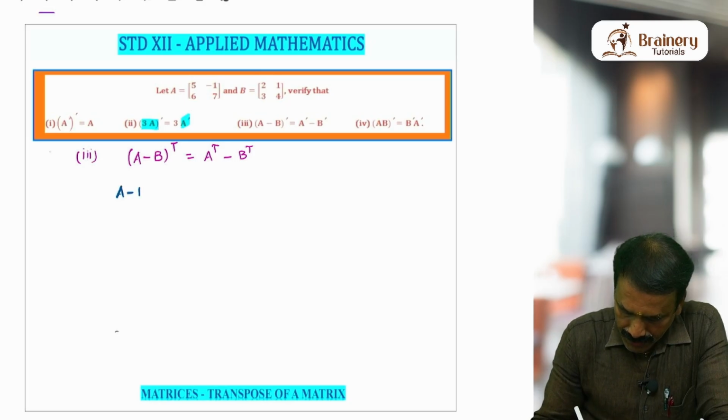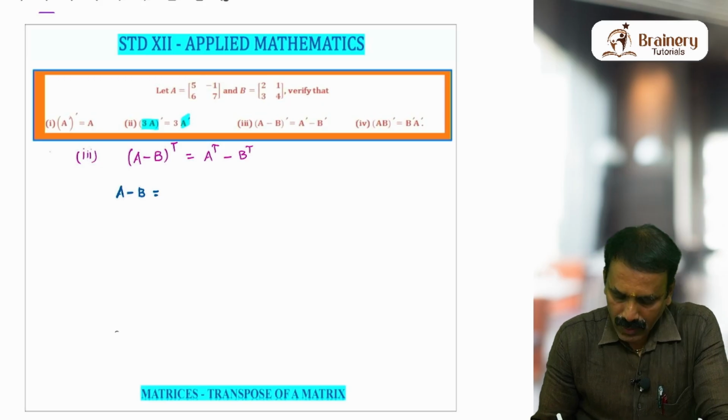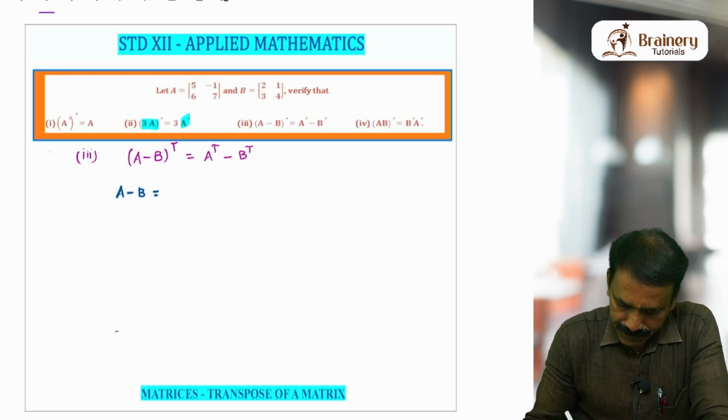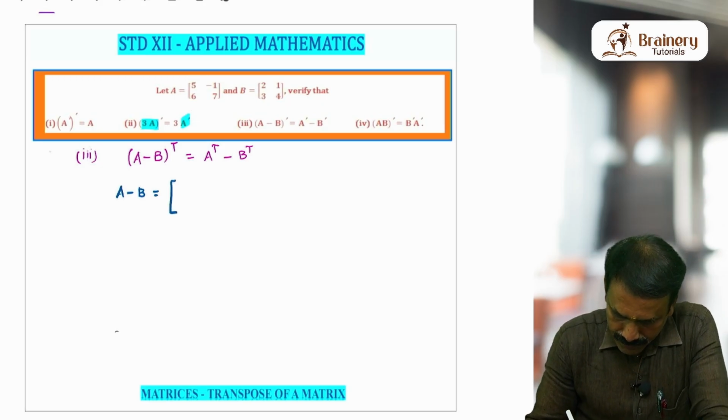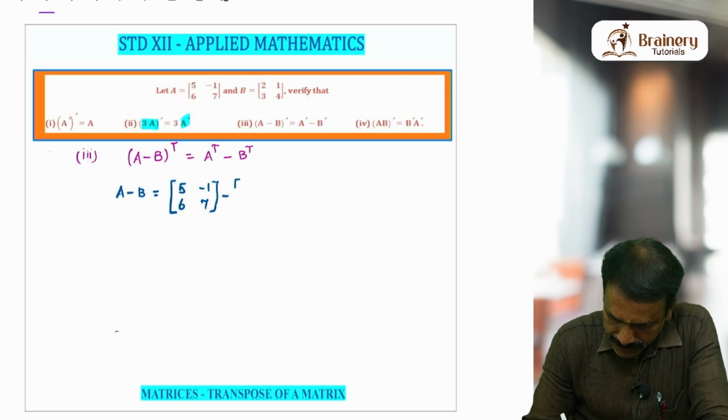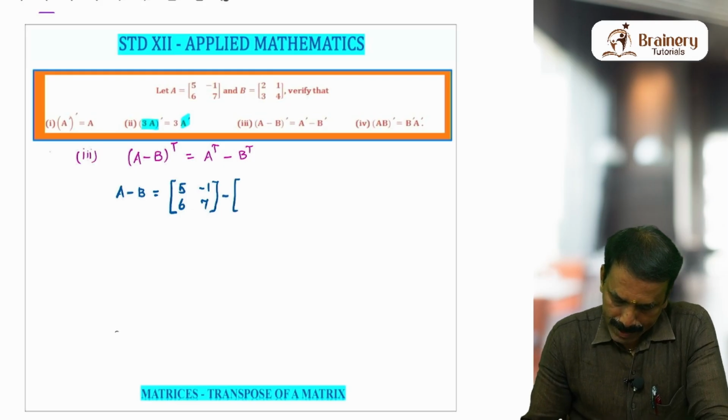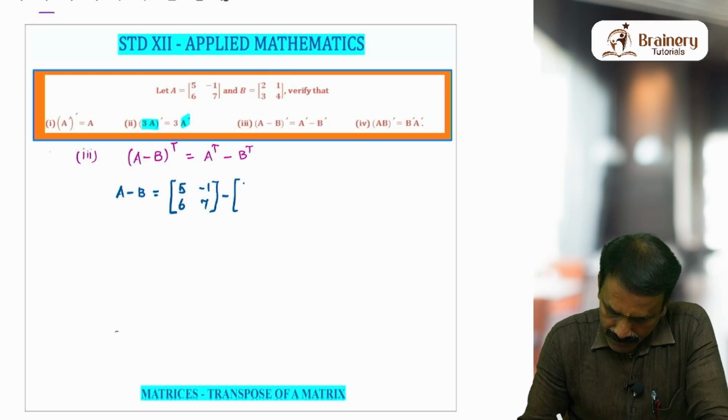First, we try to find out A minus B. What is A minus B? 5, minus 1, 6, 7 minus the B matrix 2, 1, 3, 4.